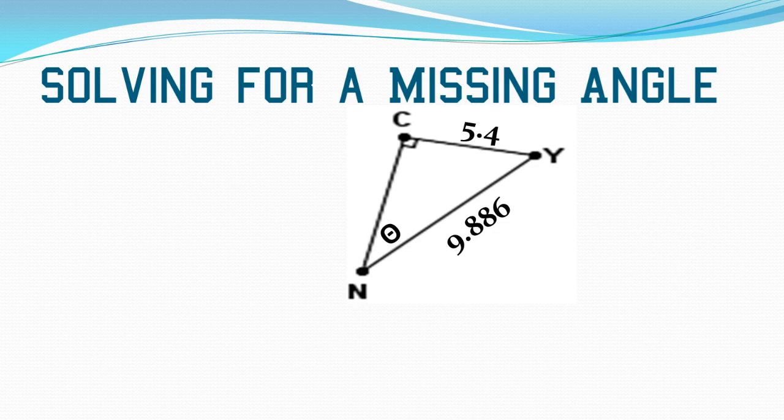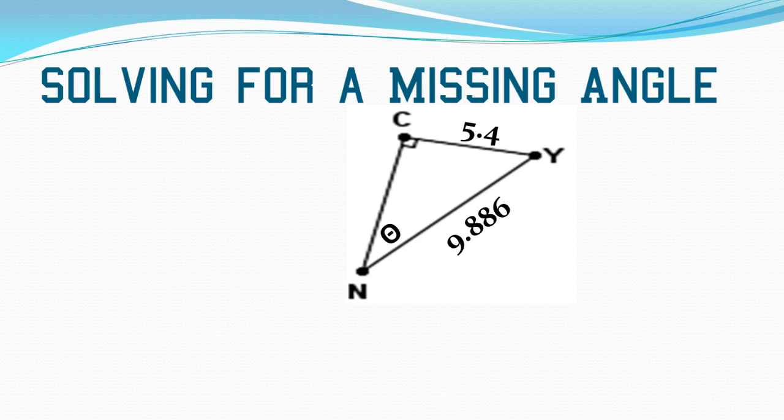To do that, we need to use a special trig function. Sine, cosine, and tangent all have inverse functions. For calculation purposes, these functions are usually the secondary functions on your calculator. So to access the inverse of sine, you would hit second and then the sine button.